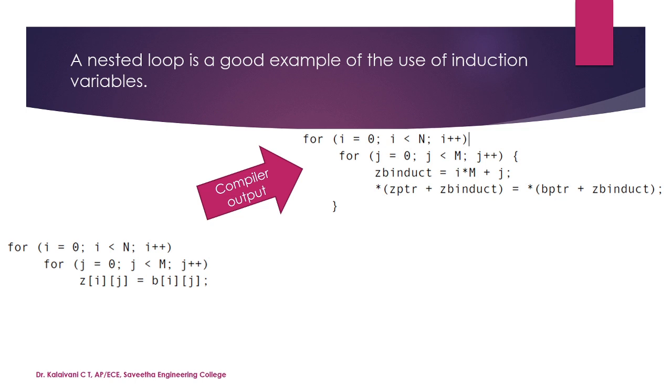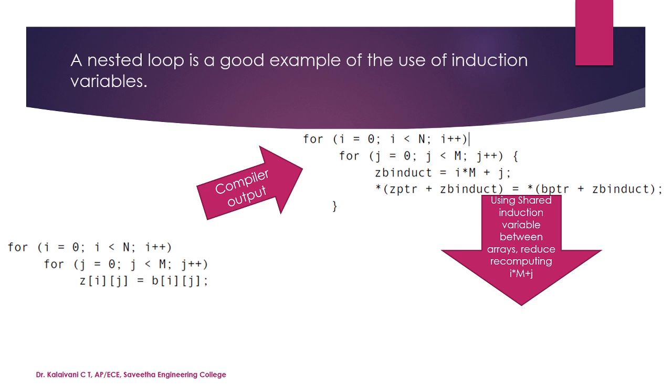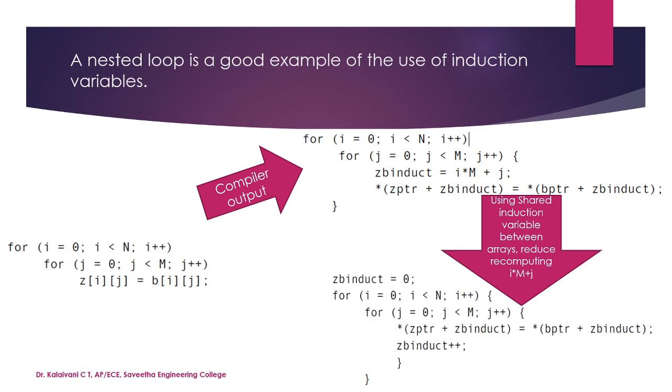So two processes, loading and storing, happen, and 2 extra machine cycles will happen in a multiplication operation. Now we are reducing the multiplication operation using an increment operation. At that time 2 to 3 machine cycles will be saved. So this is the process of reducing the execution time using induction variables, and it is done by changing the compiler code.